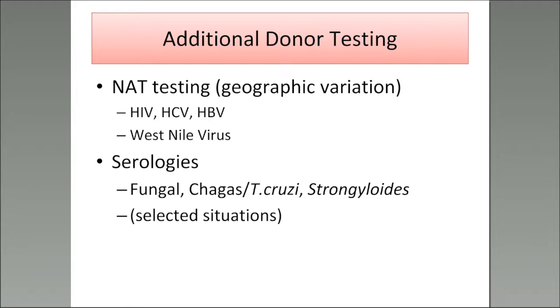And then these additional serologies are not usually done in Canadian centers, but are done in selected American centers. It's worth noting that in the U.S., NAT testing is now mandatory for all donors, and that's for hepatitis C virus, which means that essentially they usually get all three viruses checked.